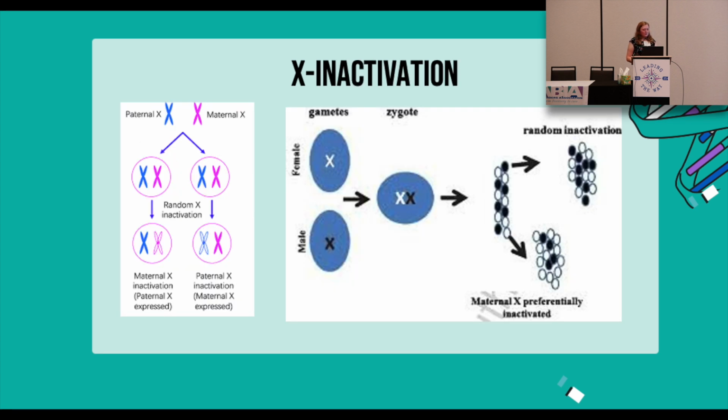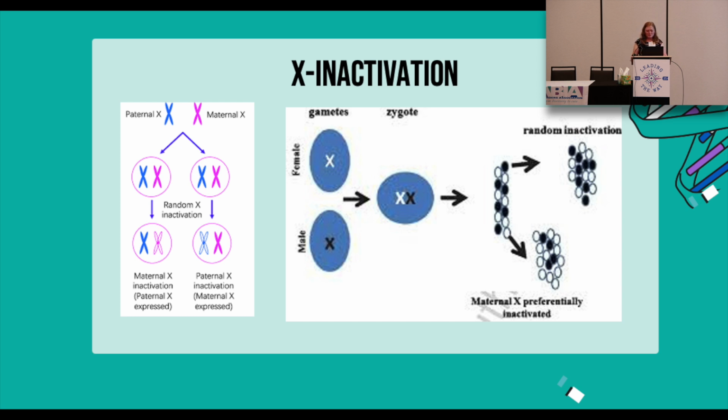There's an additional layer of complexity because we have two X chromosomes in females and one X chromosome in males. Females have a mechanism to inactivate one of their X chromosomes, and so that ensures that both males and females have the same amount of X-linked activity.